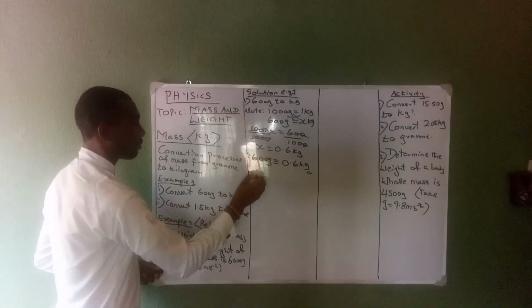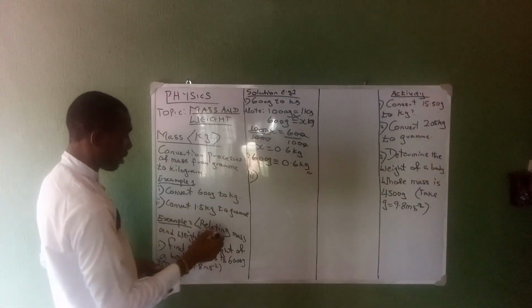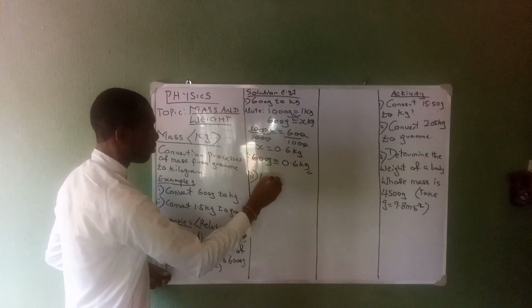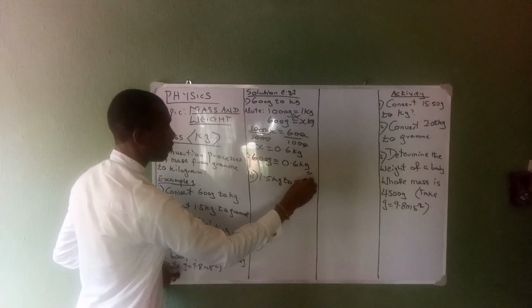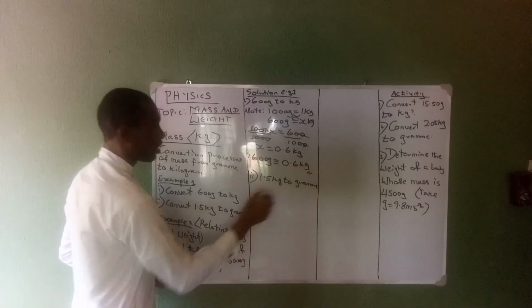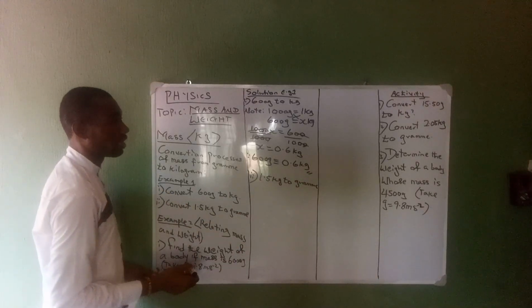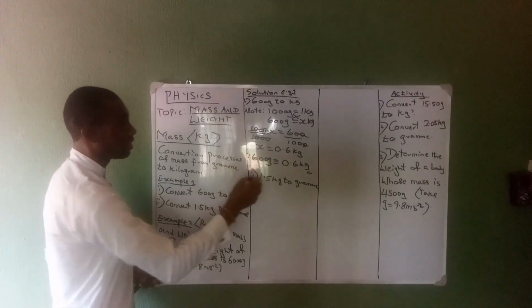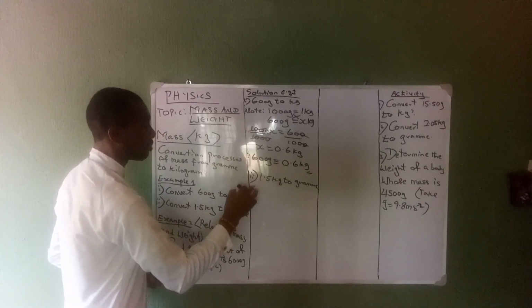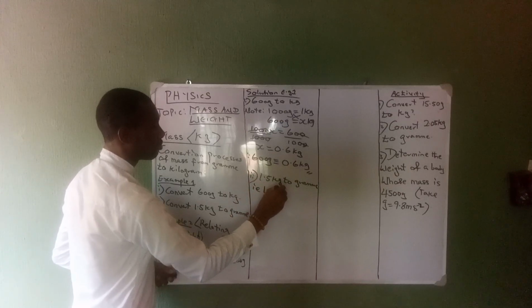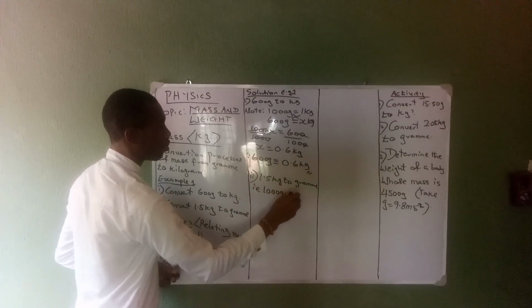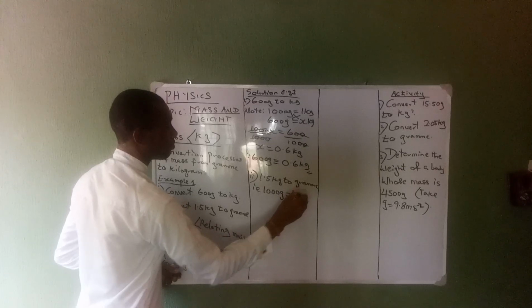Now we have part II, where we convert 1.5 kg to gram. In this process, we need to understand also that 1000 gram, that is, 1000 gram is equal to 1 kilogram.